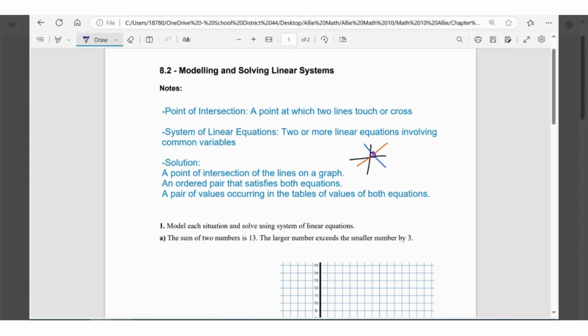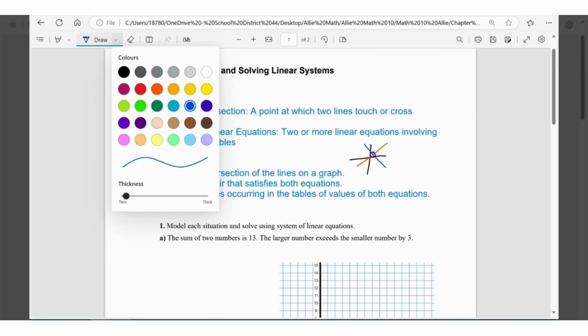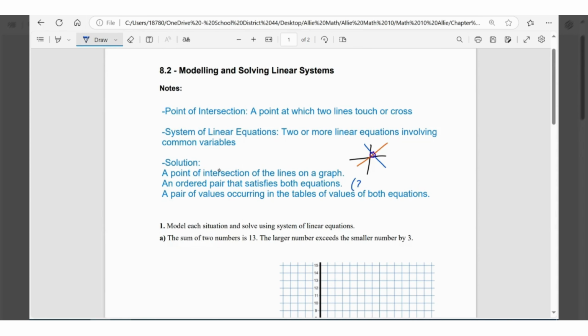An ordered pair that satisfies both equations could look something like (2, 3). So maybe our system is x plus y equals 5, and x times y equals 6, or something like that. Though these aren't linear relations, but you'll get it.